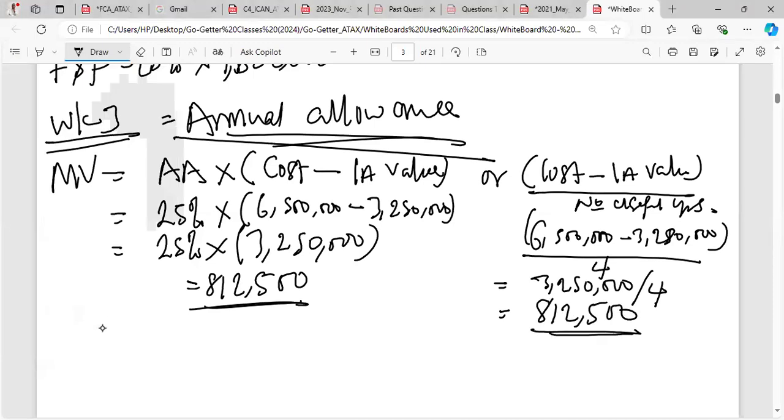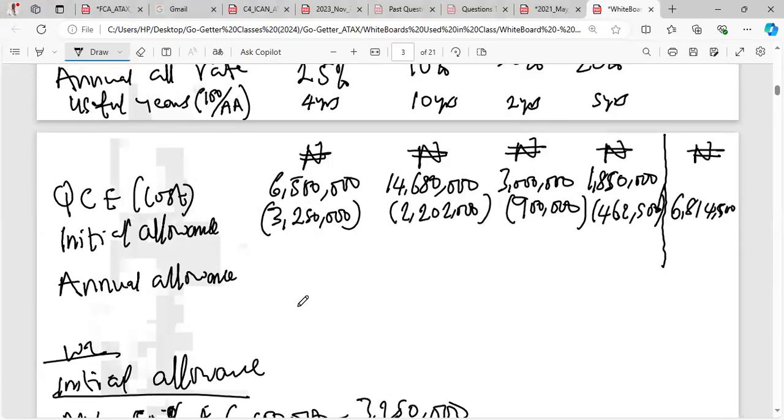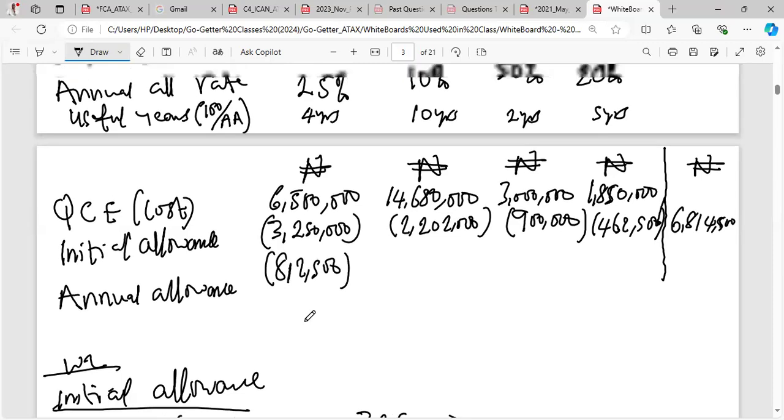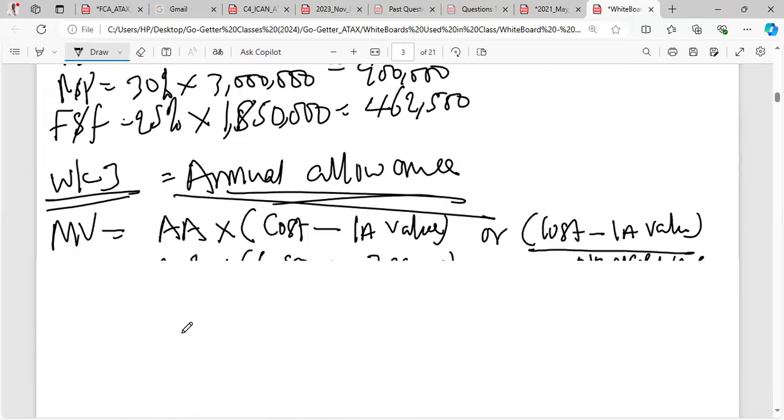So it depends on whichever you feel like doing. Divide by the useful years or multiply by the annual allowance rate, you are getting the same thing. So we have your 812,500. I'll bring it down here. I will do the same now for industrial building.